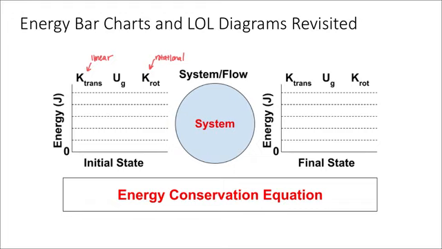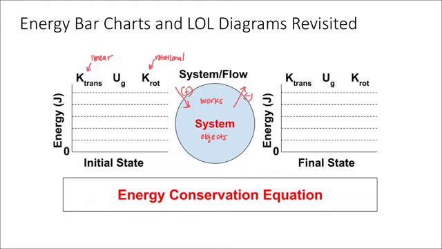And once again, in the system, we list the objects that are part of our system and any works being done. Any positive work would be coming into the system, and any negative work or a reduction in the system's energy would be leaving the system. And so we can use this diagram to help us model the energy change for complex scenarios.